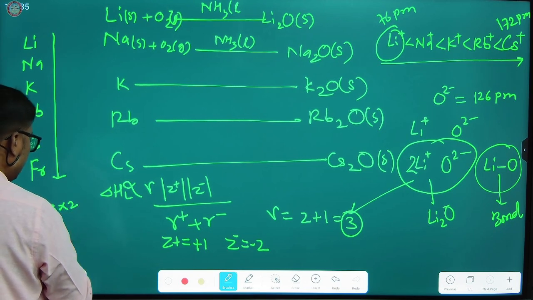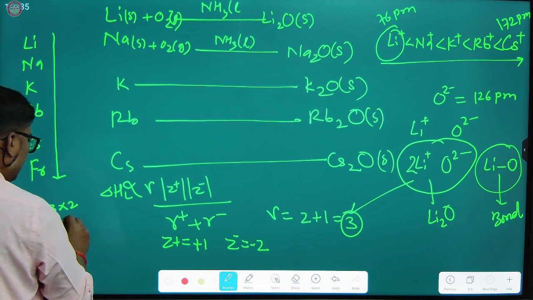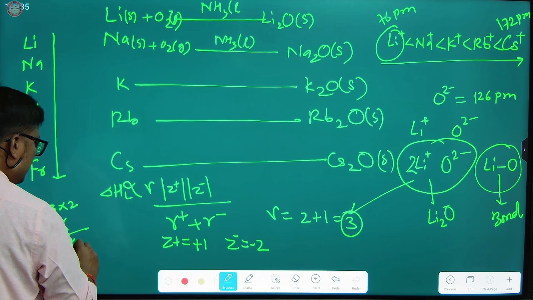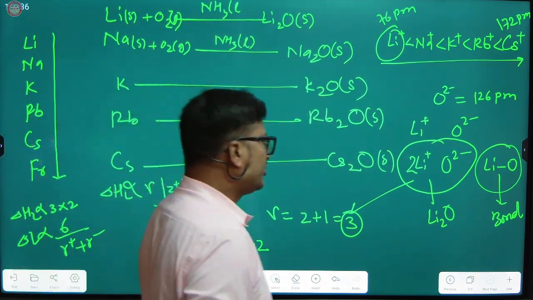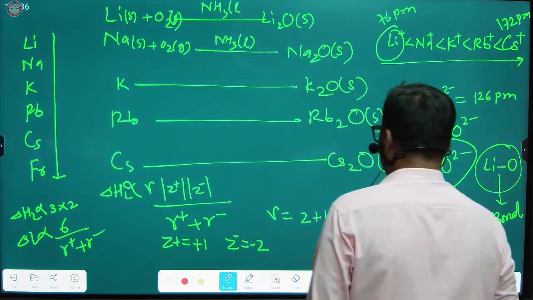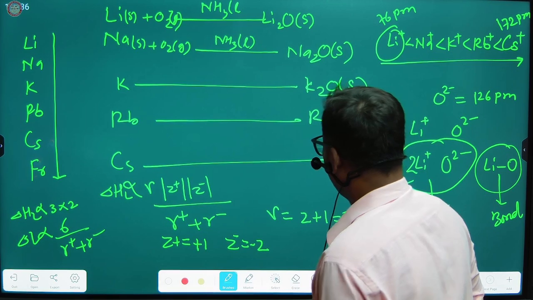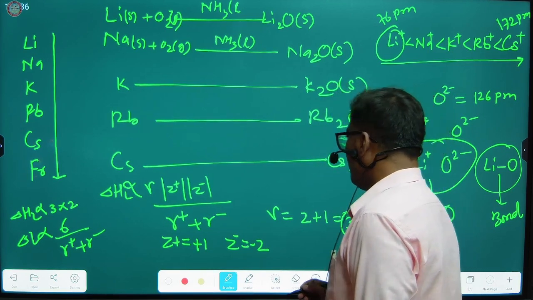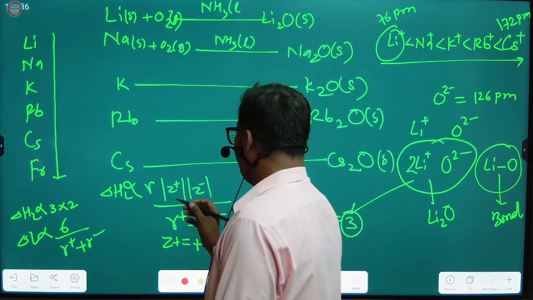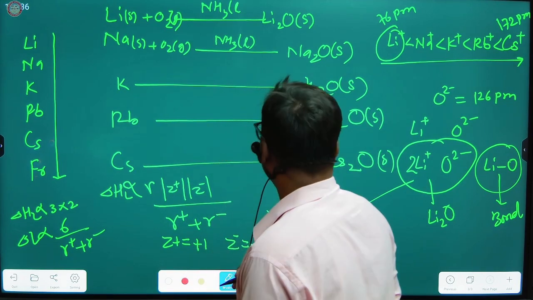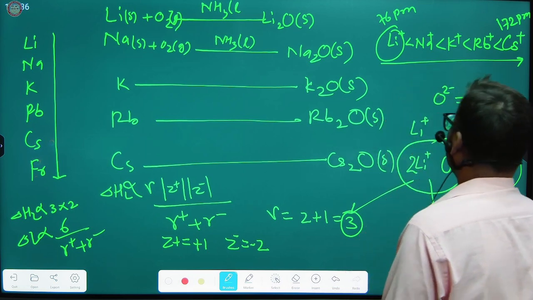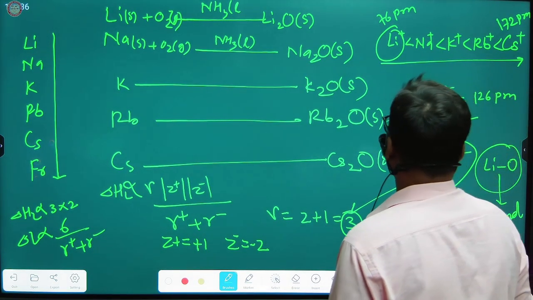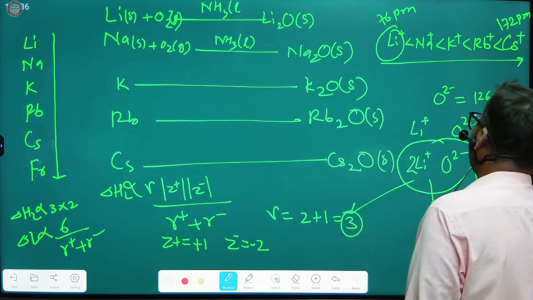It means delta HL is proportional to 6 upon R plus plus R minus, right? So greater the charge density and greater the number of ions, more lattice enthalpy will be obtained, right? So because of the small size of lithium cation, it will be stabilized by oxide anions.